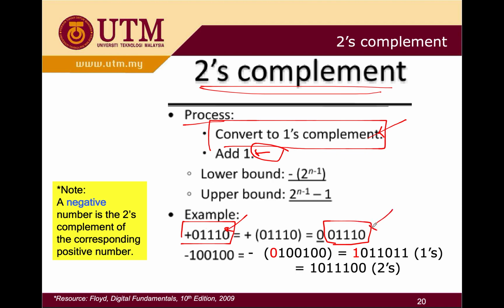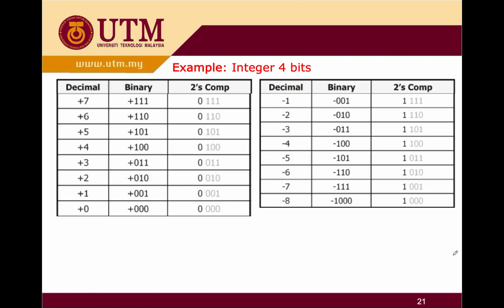But if you are playing around with a negative number, you need to move it to the first complement first. So this is the one that you got in the previous result. Then what happens next is you need to add this number to 1.